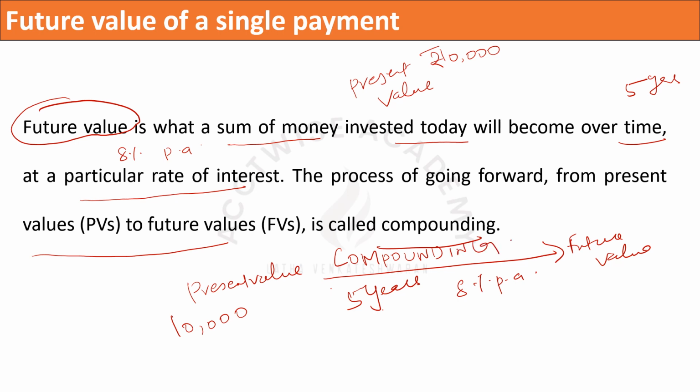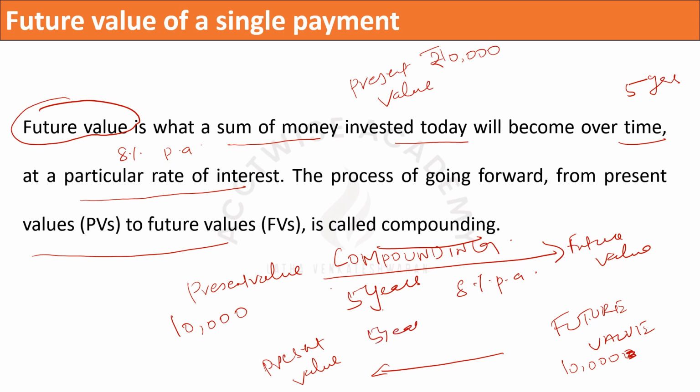Suppose when you find out present value from future value, you're coming from future value and finding out present value. Same example, let us take future. You're having 10,000 rupees, and it is for 5 years, 8% per annum.